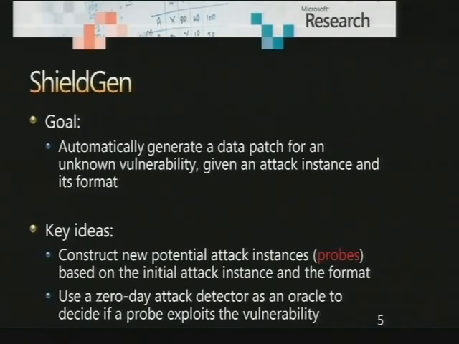Then we feed each constructed instance to a zero-day detector, an oracle, to decide if this new instance will trigger the attack or not. We do this back and forth so that we can figure out what matters and what doesn't matter in the original attack, which gives us the vulnerability predicate on the input fields.